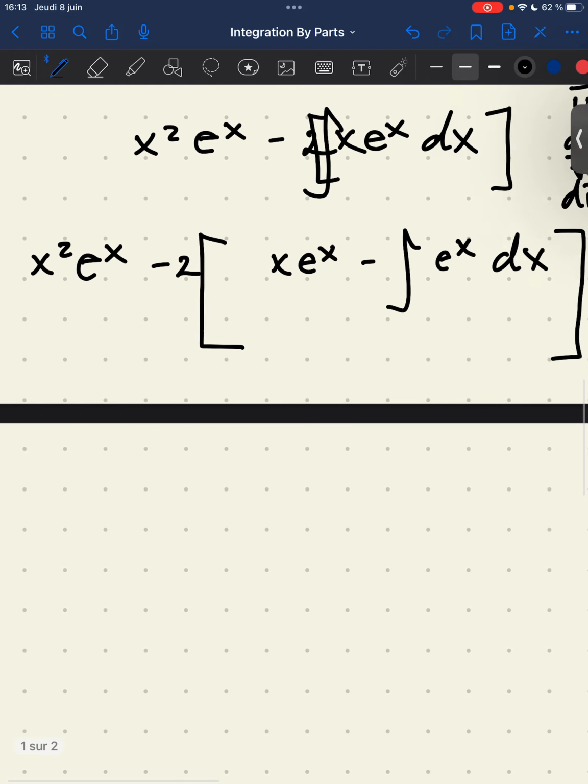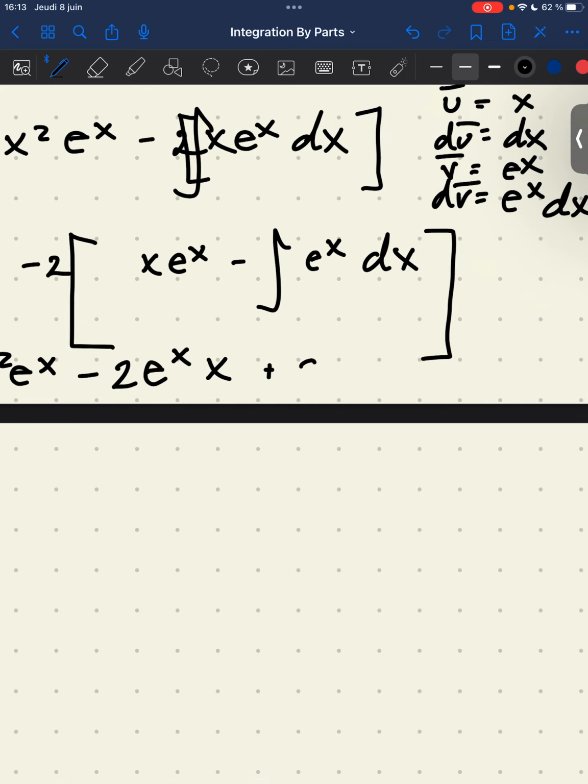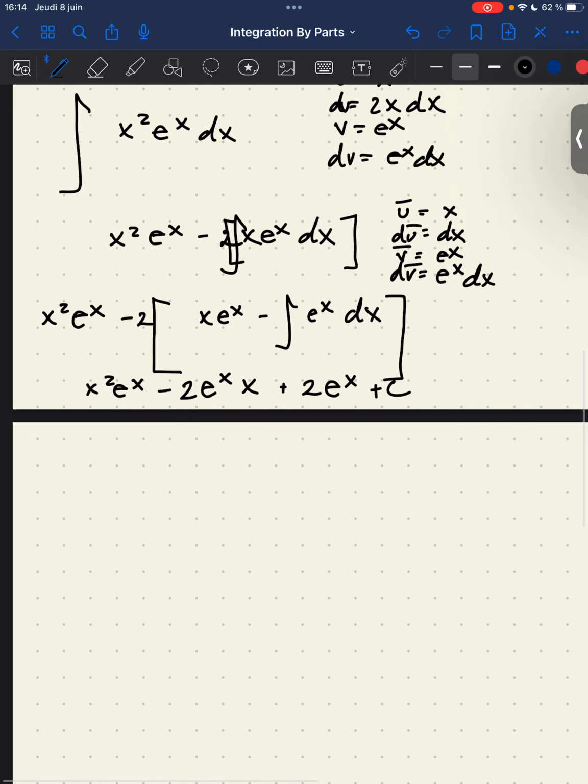We could leave it as this, or we could just simplify this down. Minus 2 e to the x x plus 2 e to the x plus c.